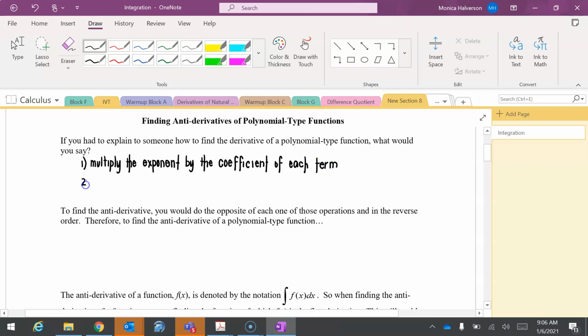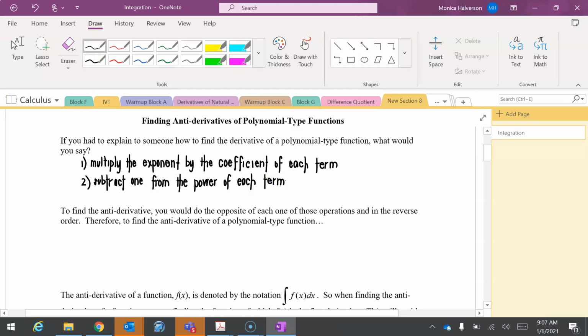And then once you did that, you would subtract 1 from the power of each term. And that was basic differentiation.